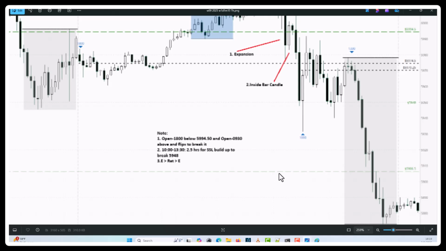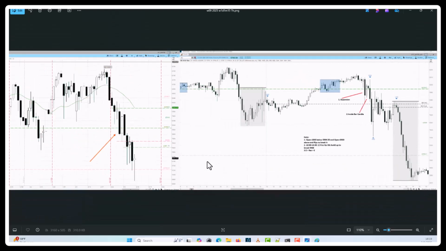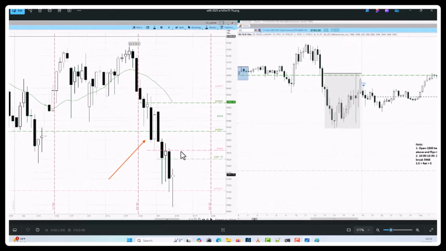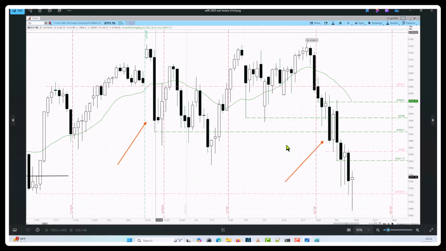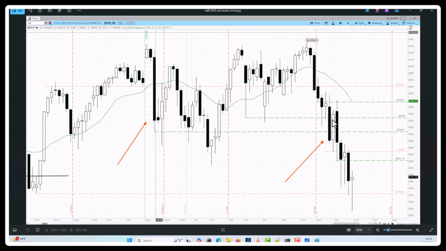59.48, which is this level right here. That's the level that it broke.